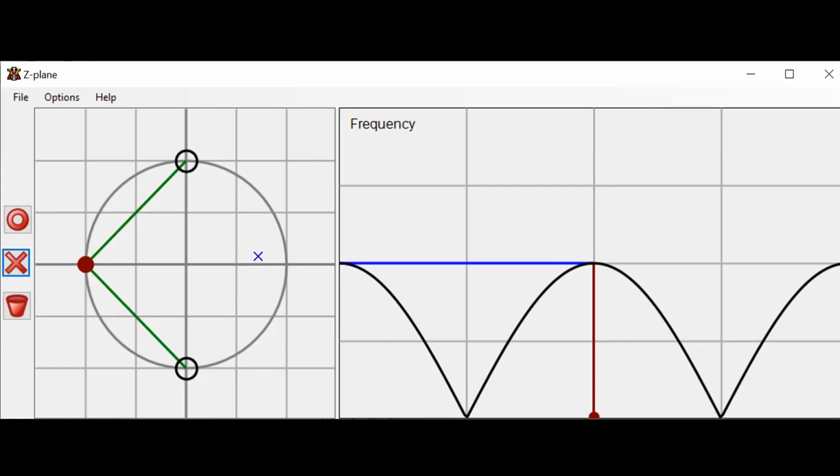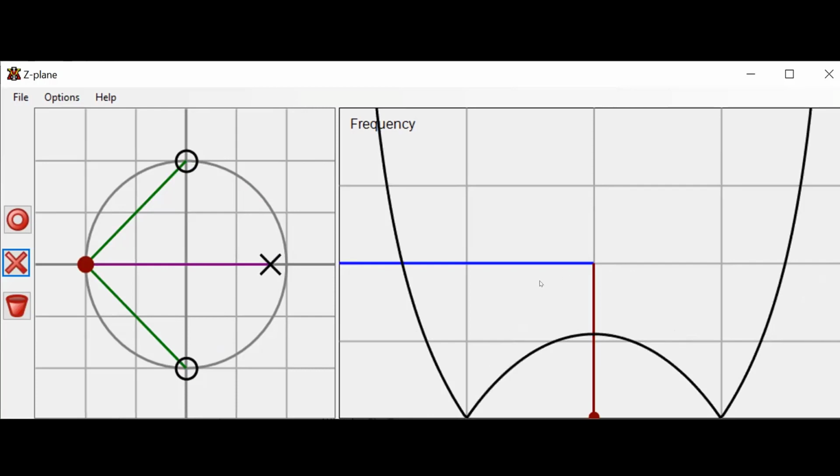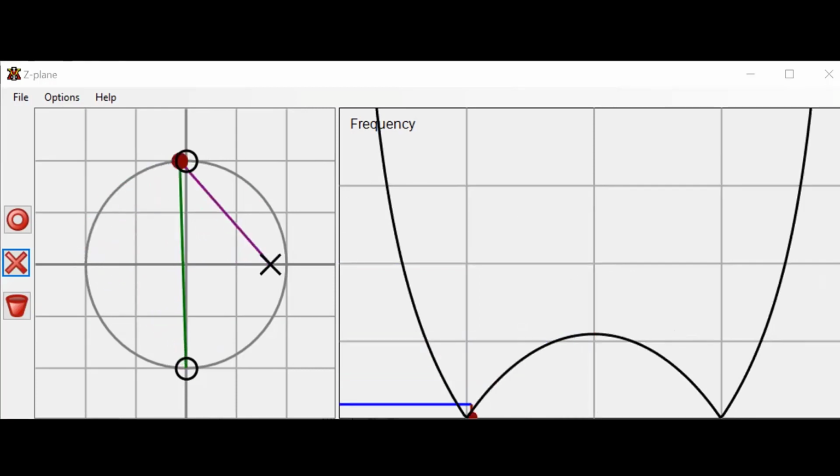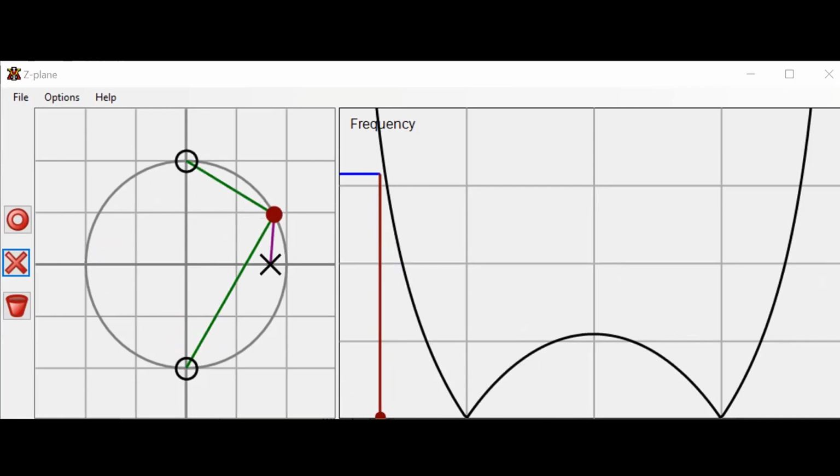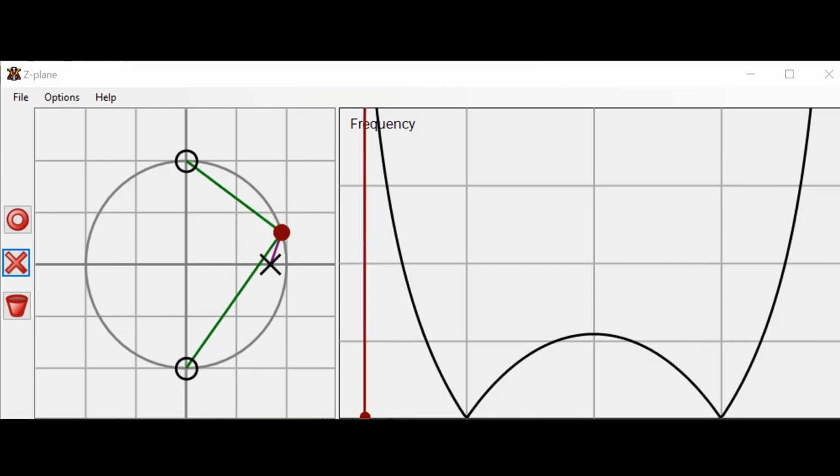Yeah, exactly. So if we click here, that's it. Now let's bring this omega down. All right, so now our DTFT is going to be the product of green divided by the product of red. And as our red approaches 0, it will be approaching dividing by 0.